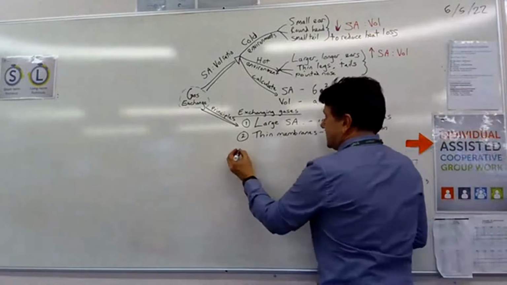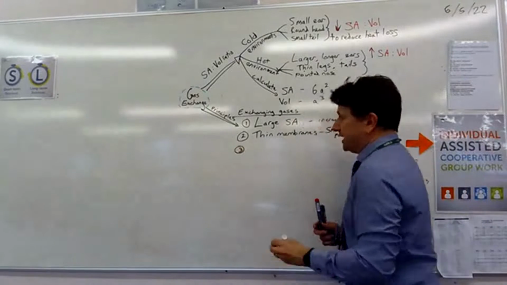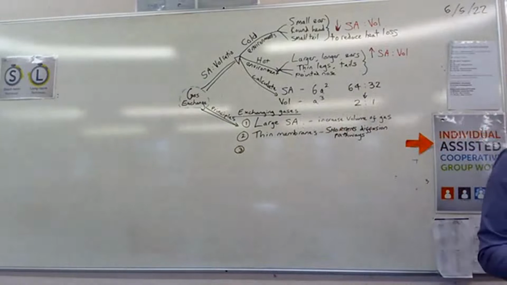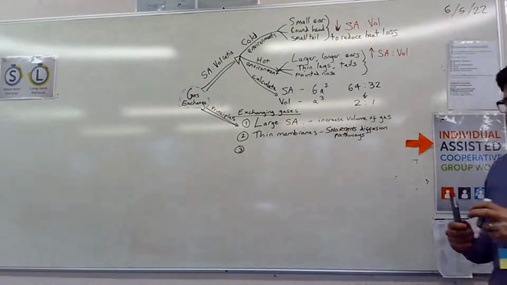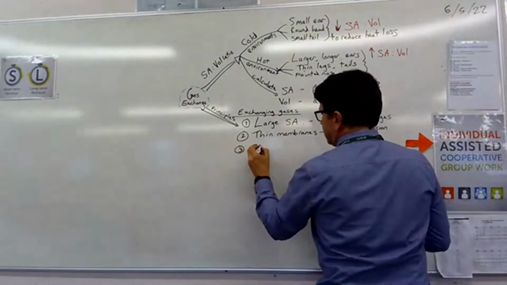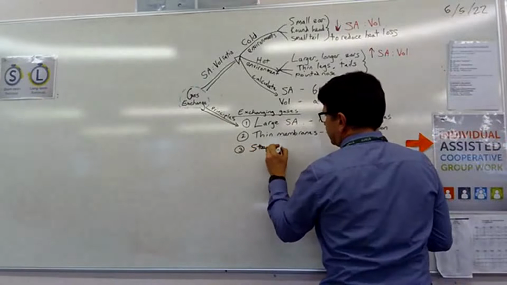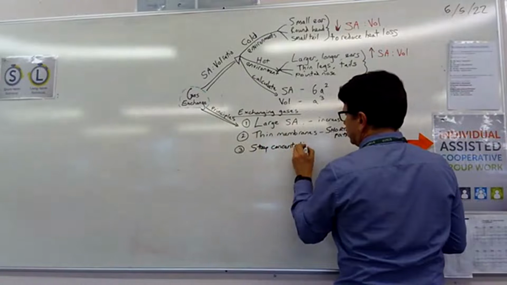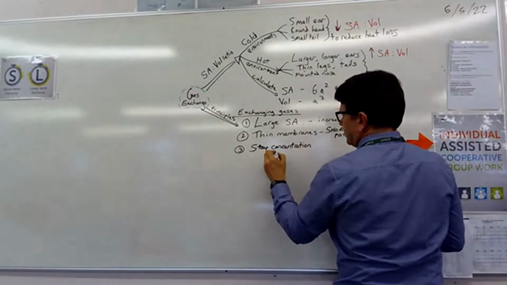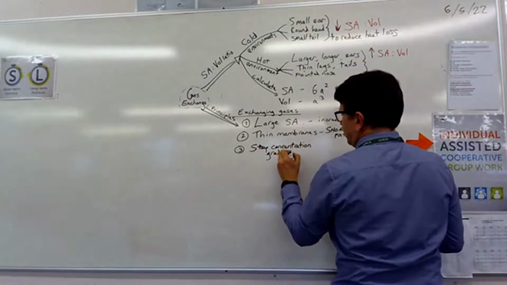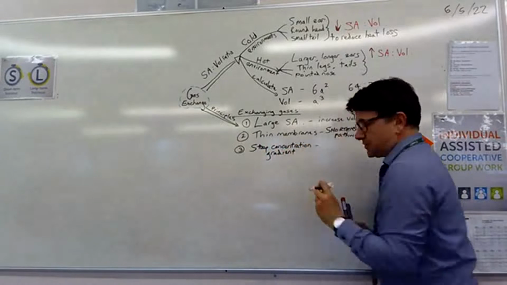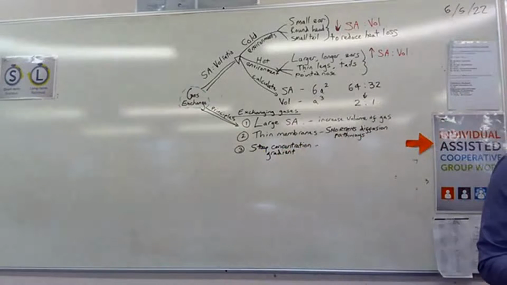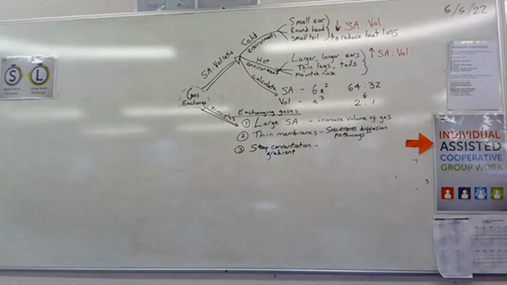And thirdly, for good gas exchange, you need to maintain a steep concentration gradient. So steep concentration gradient. What do I mean by that? I mean the concentrations are different between the exchange surfaces in and out of the exchange surface.